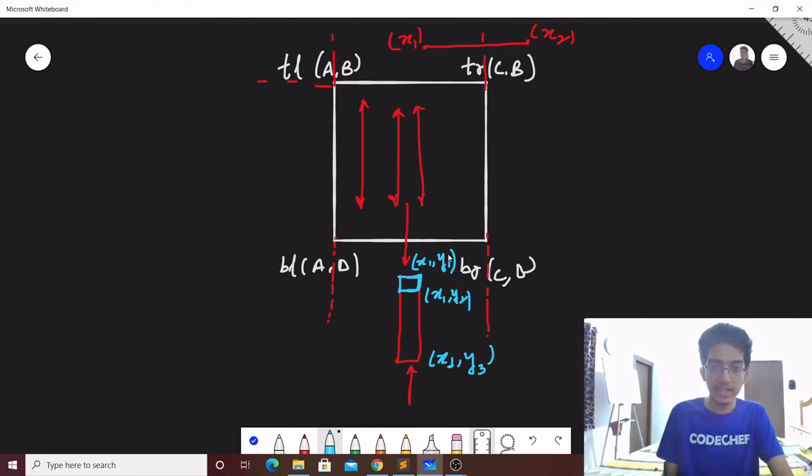We don't care about the second coordinates at all. This is also true in case of horizontal arrows. It's just that I forgot to mention over there, but that is what we are doing. In case of vertical arrows, we only consider the x coordinates, and in case of horizontal arrows, we only care about the y coordinates.